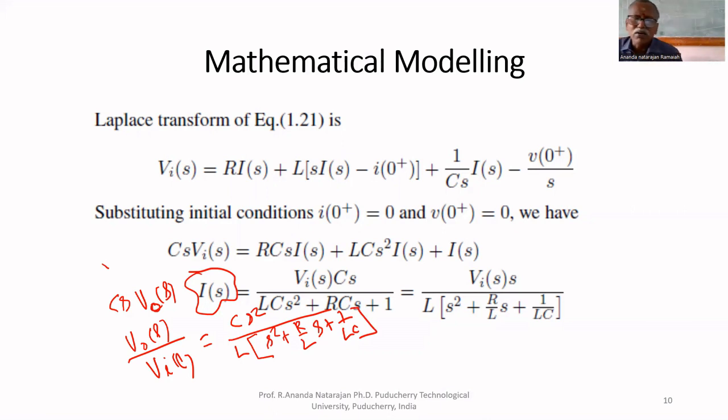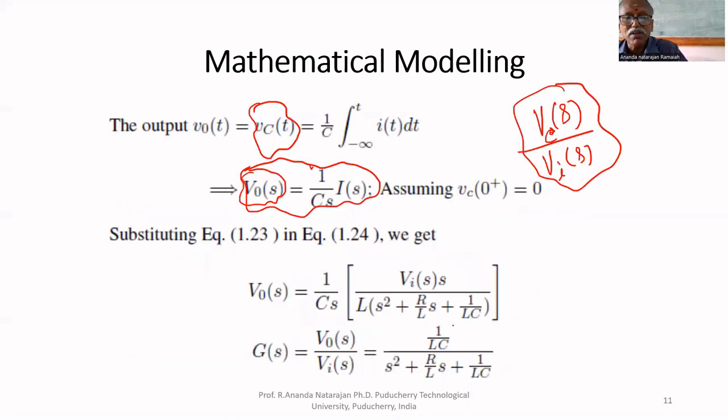We are taking L outside. Why did I take L outside? This will be explained later. It can be written as C by L, S square upon S square plus R by L S plus 1 by LC. This form is called pole zero form. I'll explain later.